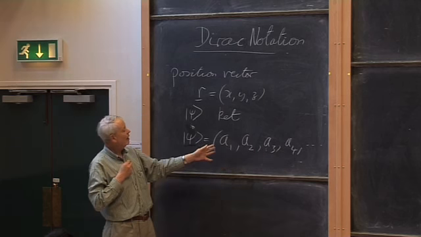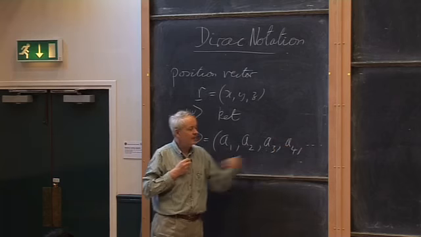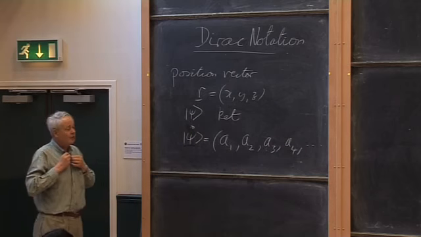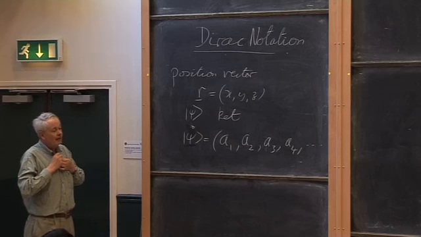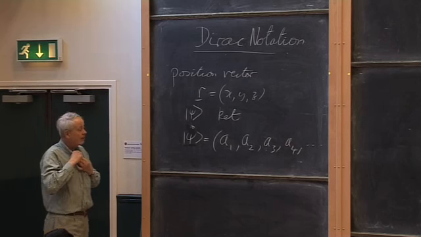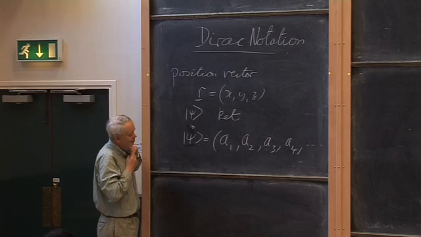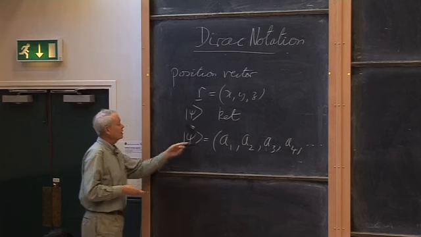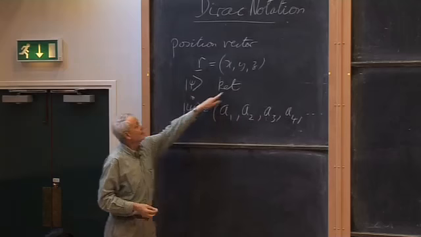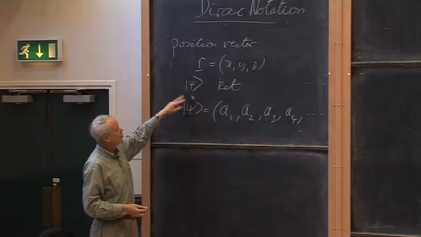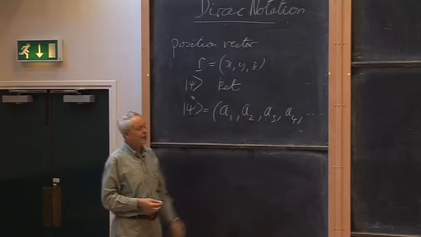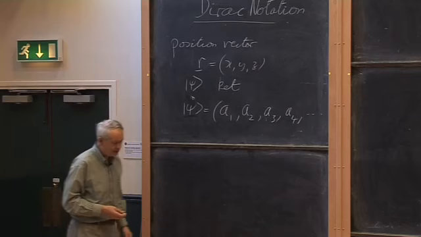We might find it convenient to use instead the amplitudes for the different possible measurements of the momentum or the position or whatever. We leave that flexible by using this symbol, called a ket. And of course that is the back end of bracket. We will have bras in a moment.